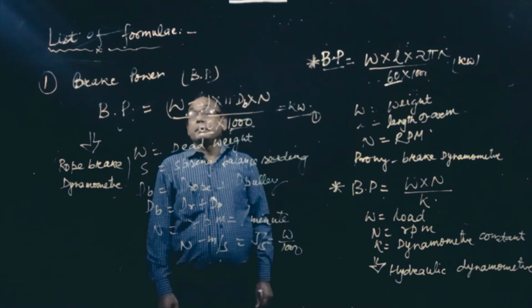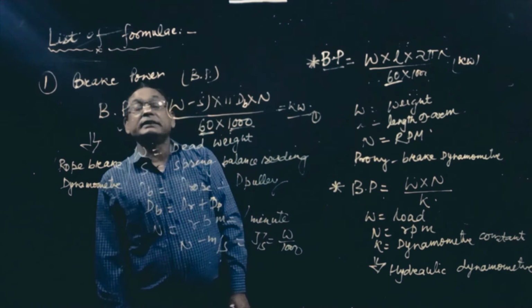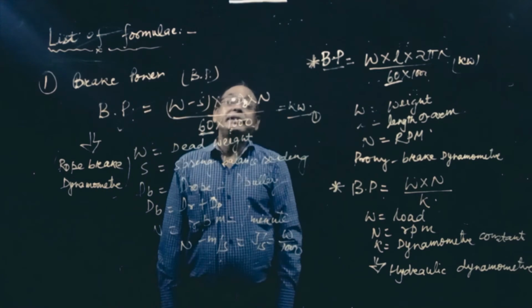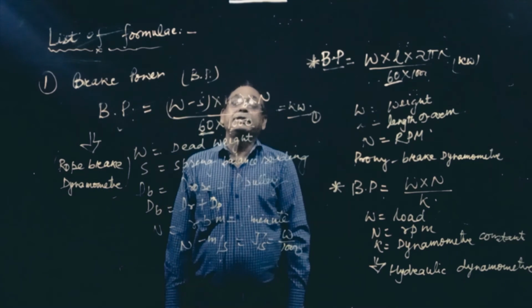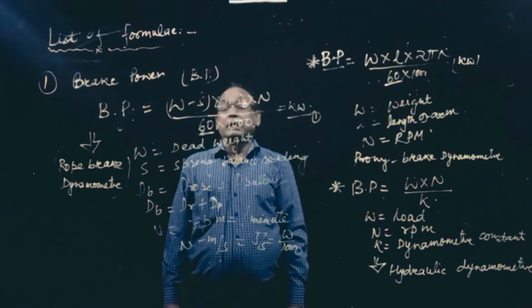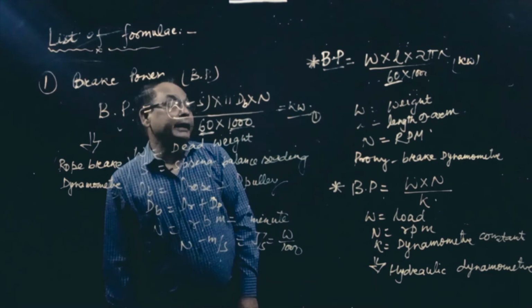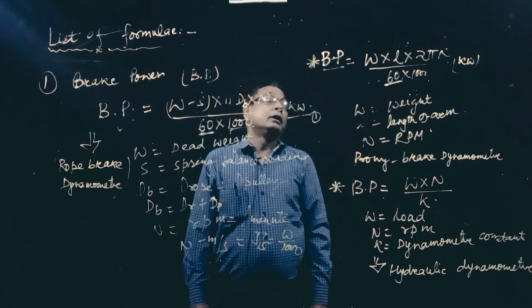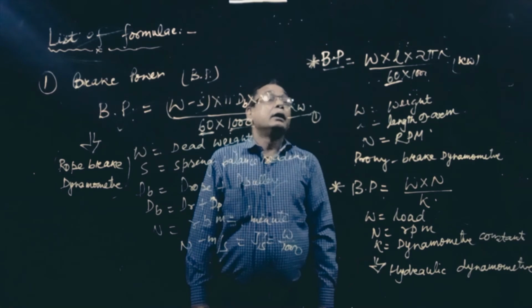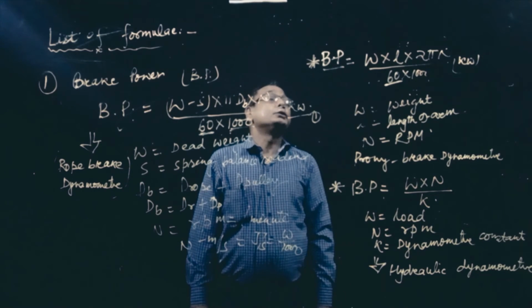First, by rope brake dynamometer, it is (W minus S) into pi d brake into N divided by 60 into 1000, that becomes kilowatt. Then by Prony brake dynamometer, W into L into 2 pi N.